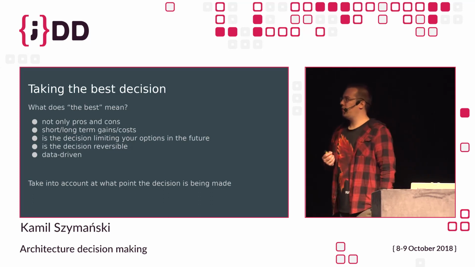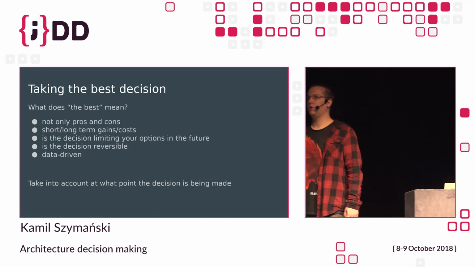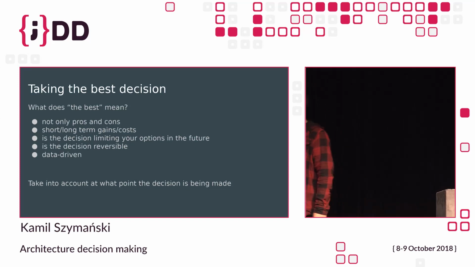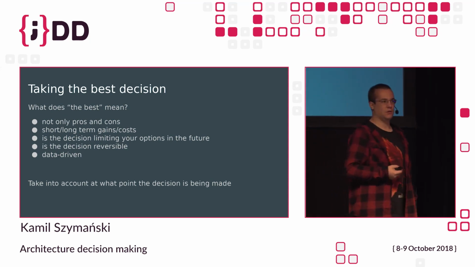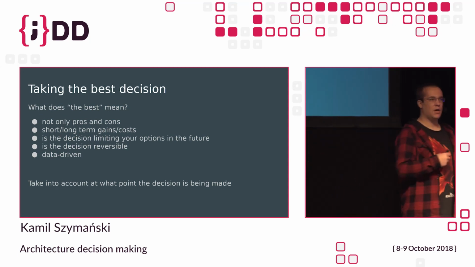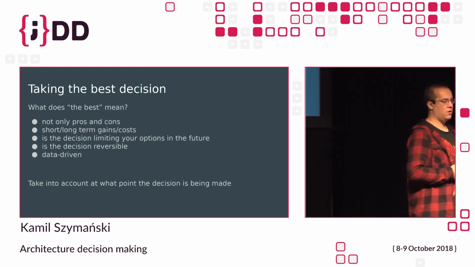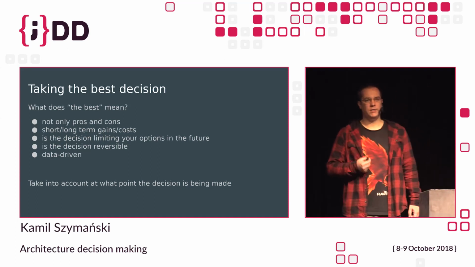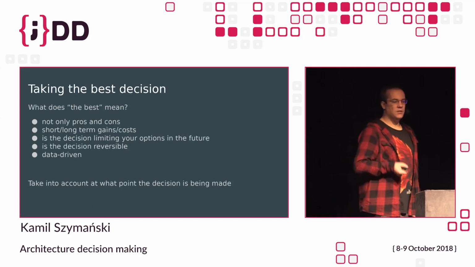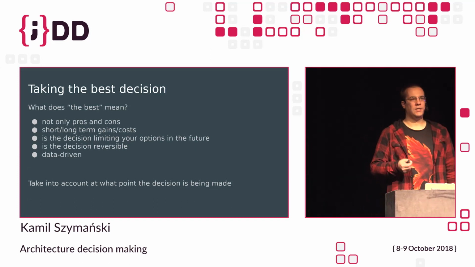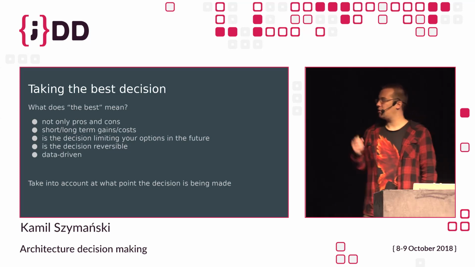Two really important things to the notion of the best decision are how easily and how cheaply is this decision reversible. If it turns out not to be the good decision, or if it's a good decision today, but not the best one tomorrow, how easy, how tricky, how risky is it to revoke that decision? Maybe the decision that has the most pros is not necessarily the best decision because it completely omits this point.